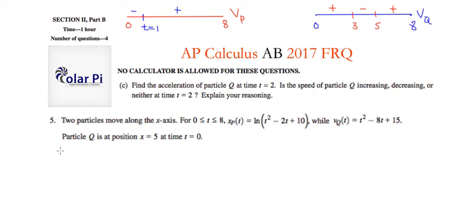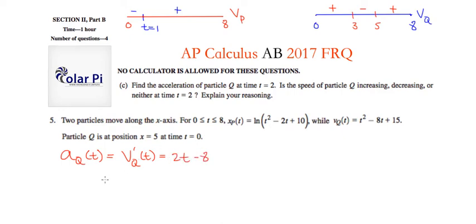The first part is pretty straightforward, right? The acceleration of the particle Q will be given by a sub Q, and since we're not given that function, it's pretty clear what we're going to do. We're going to take the derivative of the velocity function for the particle Q. And the derivative of velocity is acceleration. So that's going to give us 2t minus 8, right?